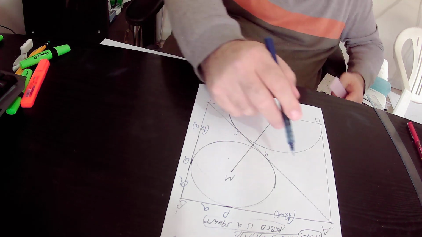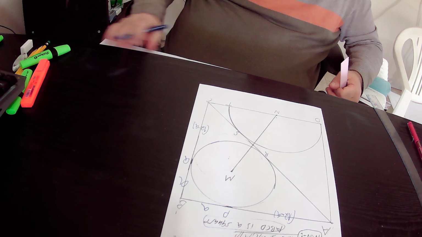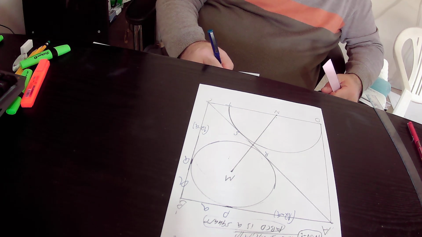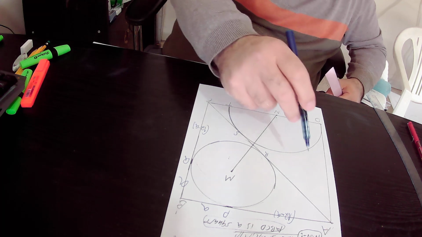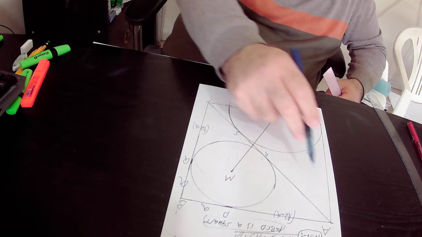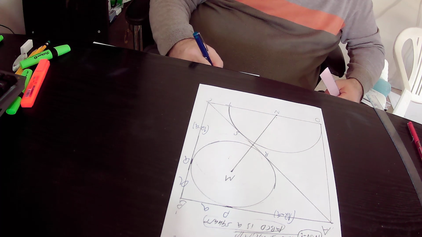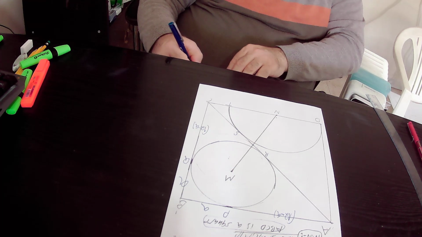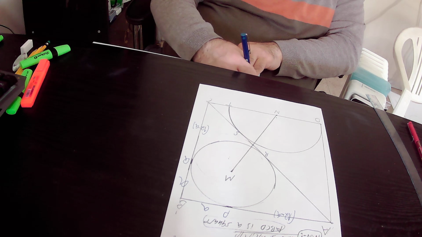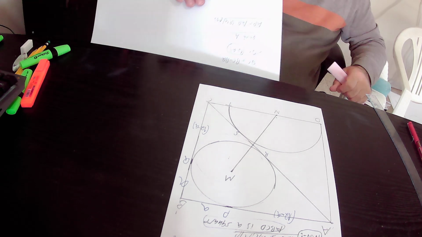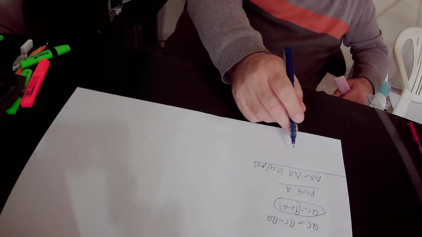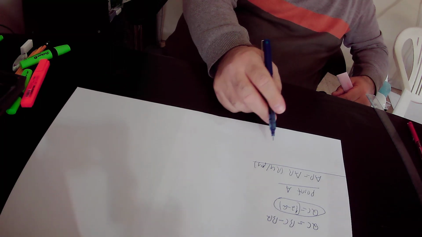The first tangent is tangent AP, and the second tangent is tangent AR. According to rule number 1, the lengths of those two tangents are equal to each other. That is to say, AP is equal to AR, according to rule number 1.